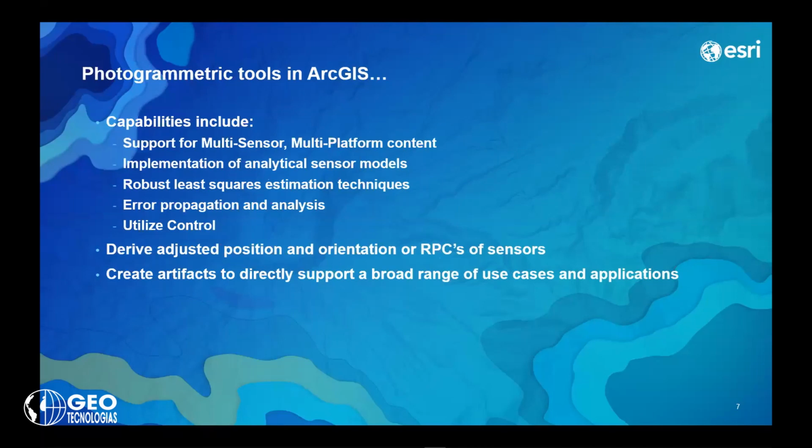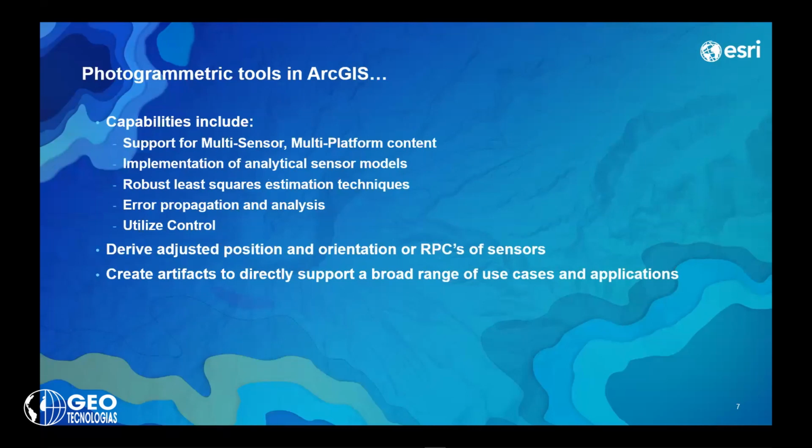So we wanted to make sure that the tools supported multiple sensors and multiple sensors deployed in multiple platforms. Again, satellite, aircraft, vehicle, handheld, tablet, drone. It doesn't really matter what's carrying the sensor. We want to make sure that we can ingest the content appropriately and give you the tools to manage and process that data.